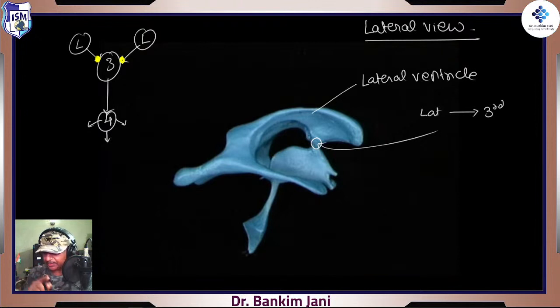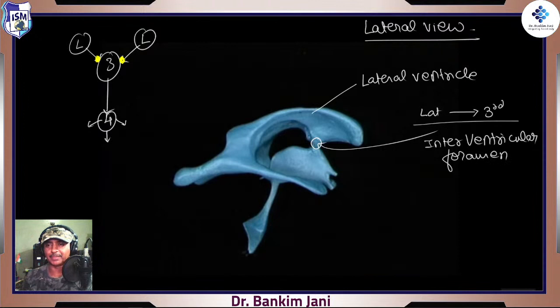Now from the lateral to the third ventricle, that is what is called the interventricular foramen. No fun, right? This name is very simple. We need to give some interesting name. So it is called the foramen of Monro.